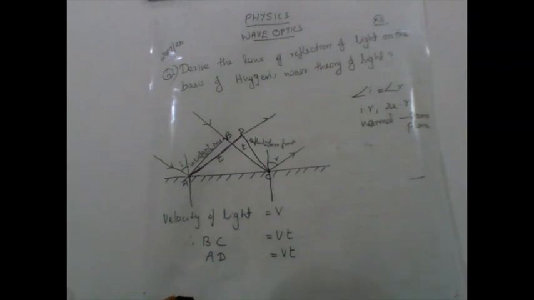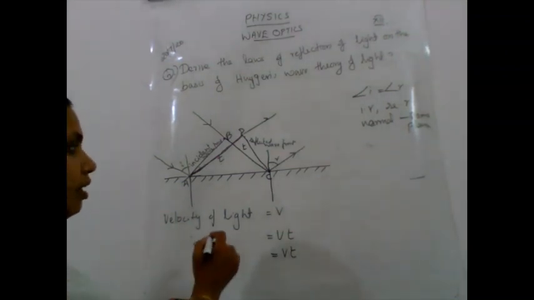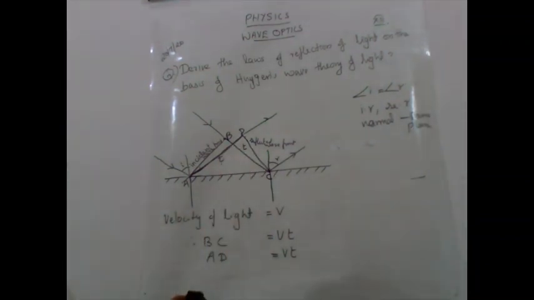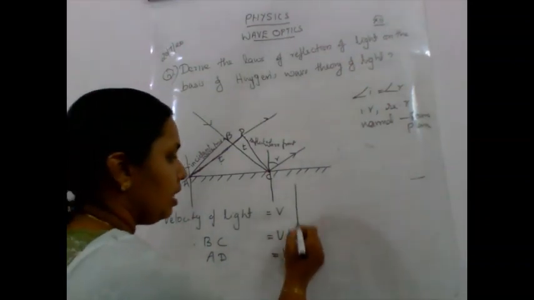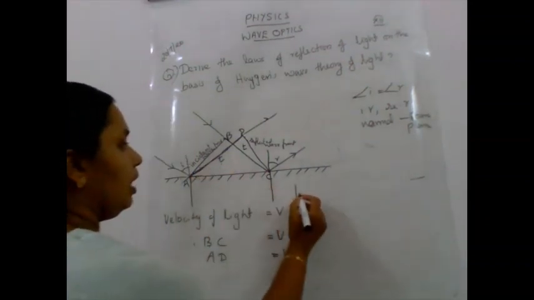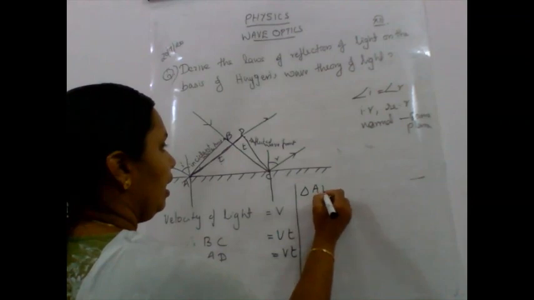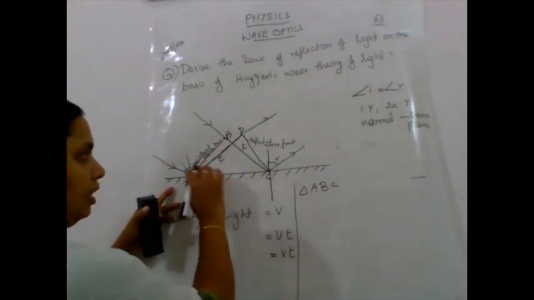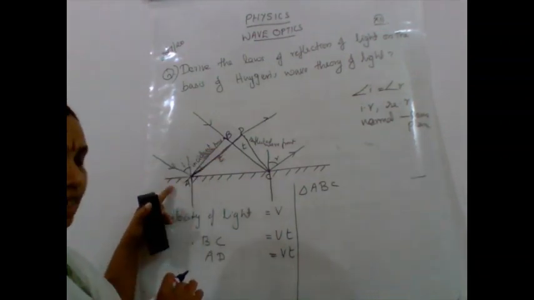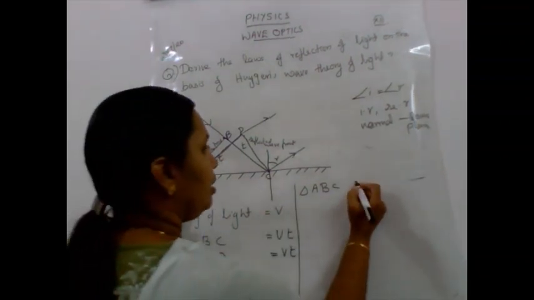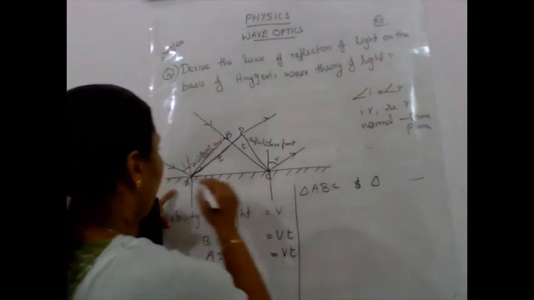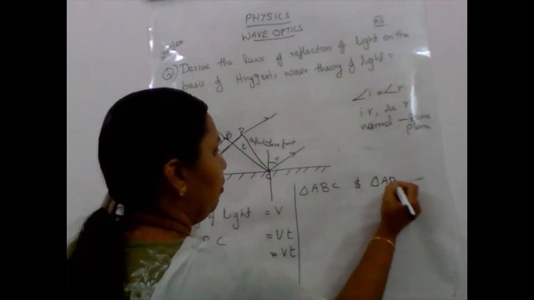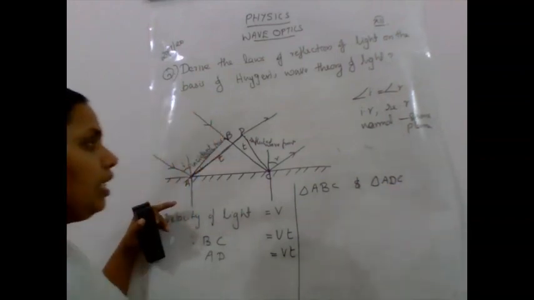Okay. Then you can see two right angle triangles in this figure. Which are they? That is triangle ABC, the triangle made by the incident wavefront. And what is the next triangle? ADC, that is made by the reflected wavefront. ABC and ADC. Okay.